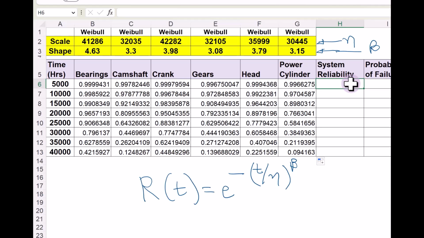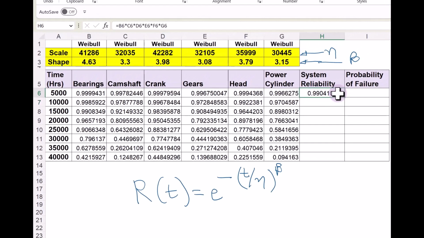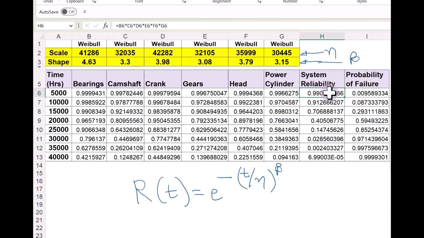So we multiply reliability of each failure mode to estimate the system reliability. It is multiplication of all 6 failure modes, and the probability of failure is just 1 minus the system reliability. So we can copy this for all, and we can see that the system reliability and probability of failure is tabulated here.